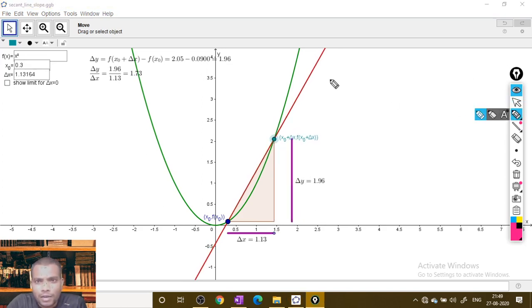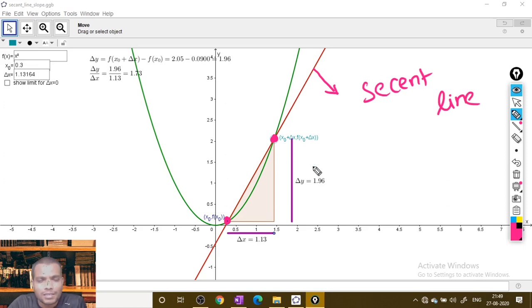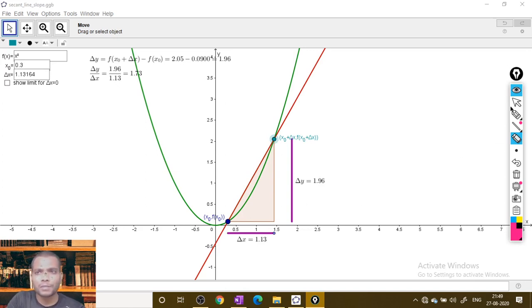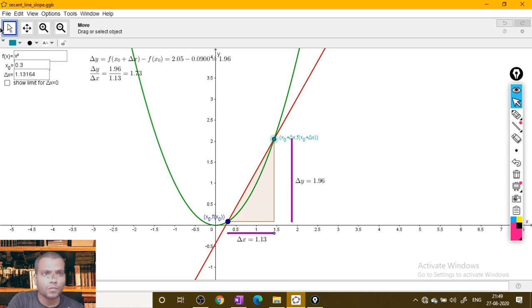The line touching the graph at 2 points, we call a secant line in mathematical terms. The secant line touches the graph at 2 points, and with the help of those 2 points, we can find the slope of that particular segment.